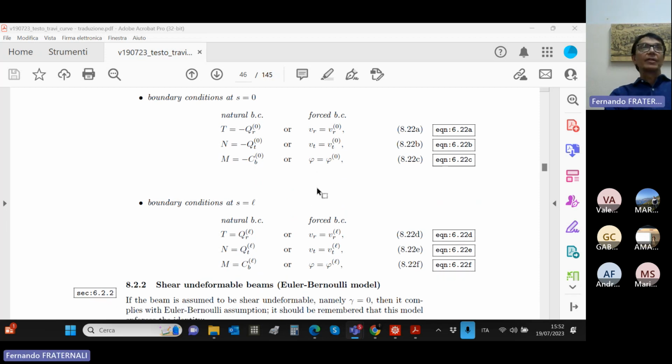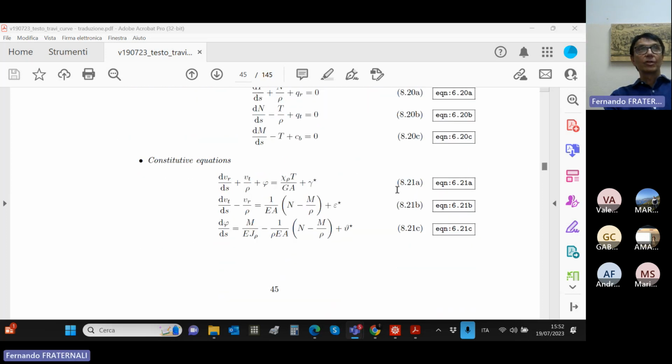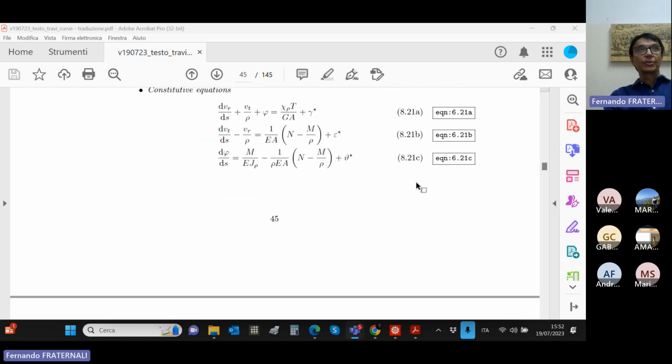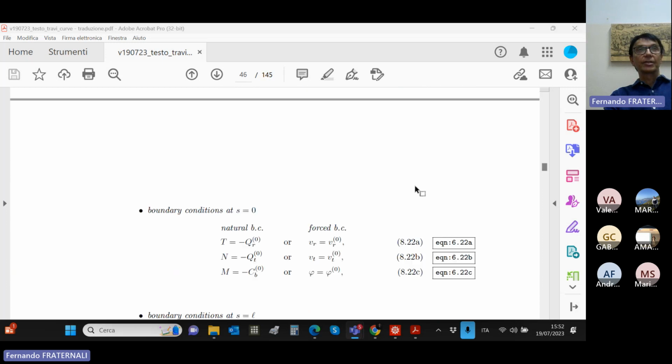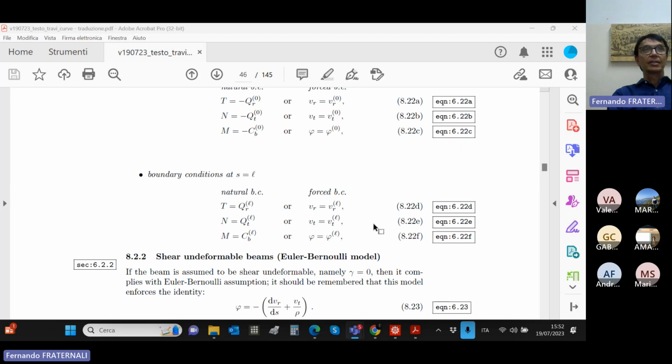We can also have a simplified model which assumes that the elastic part of the shear strain is zero.